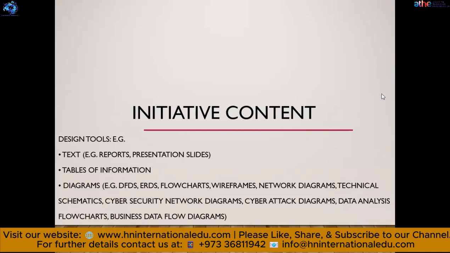That map is basically different diagrams, which can be ERD diagrams, DFD diagrams, different flow charts, wireframes, network diagrams, technical schematics, cybersecurity network diagrams, cyber attack diagrams, data analysis flow charts, and different business data flow diagrams.